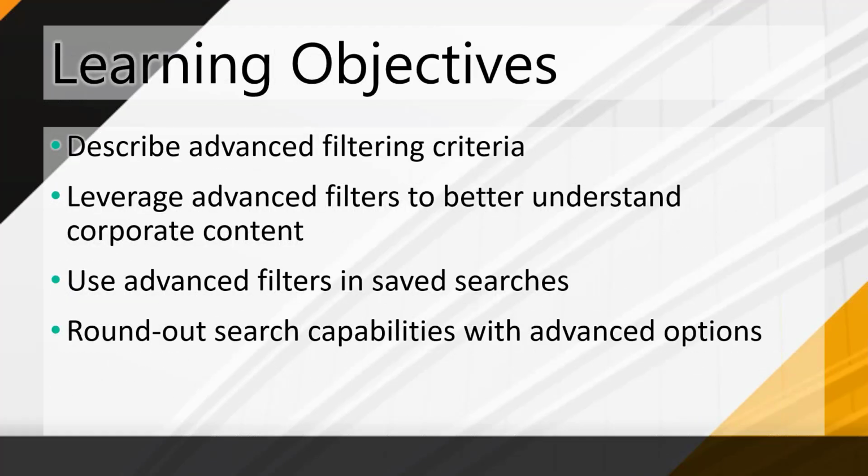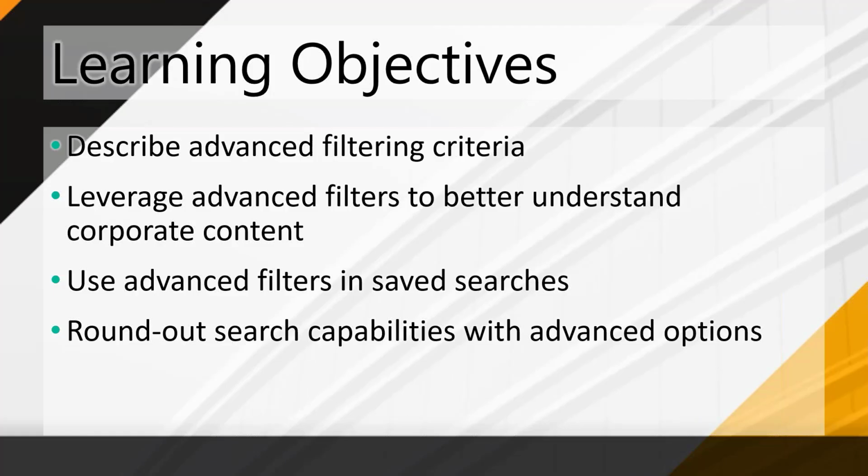So we are going to go in detail through all of the filtration criteria that is available within the CMS environment. We are going to leverage some of those filters so that we can better understand our content and be able to use this in our searches as admins, but also be able to pass some of that benefit on to our end users. And that's where the advanced filters come in with saved searches.